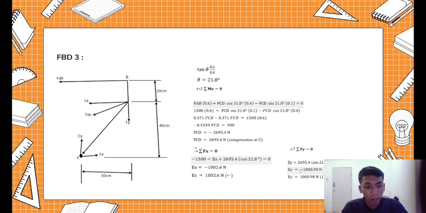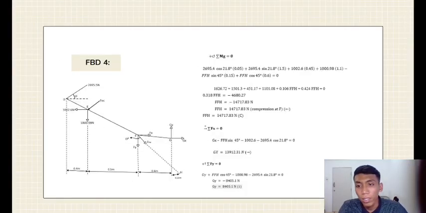This is negative, right? So we want to make the answer of Ey positive, so the direction becomes downward. So the answer of Ey is positive 1000.95 Newton in the downward direction. This is our last question of number 3.